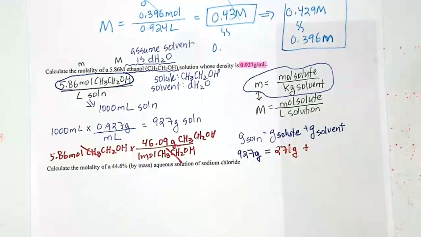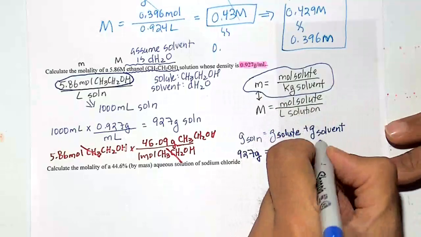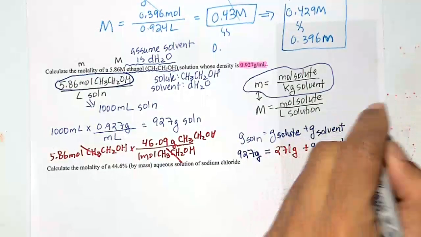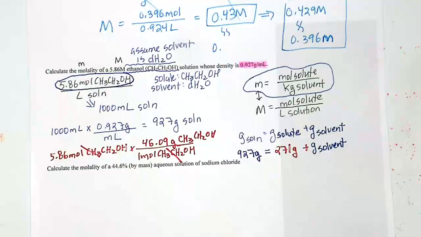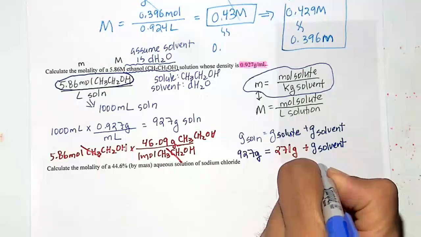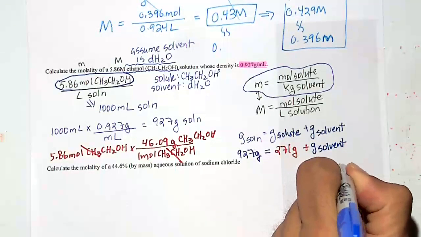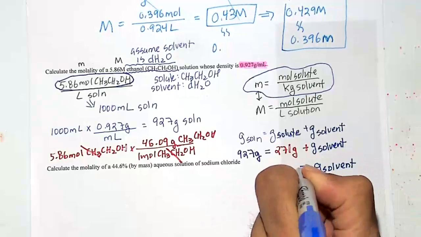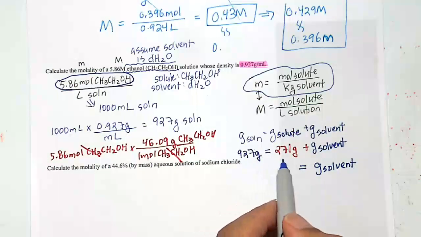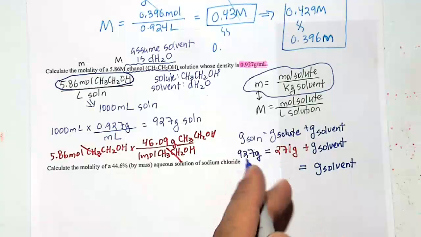Okay. So how will we get our grams of solvent? What will we need to do? Grams of solvent is going to be 927 minus 271.